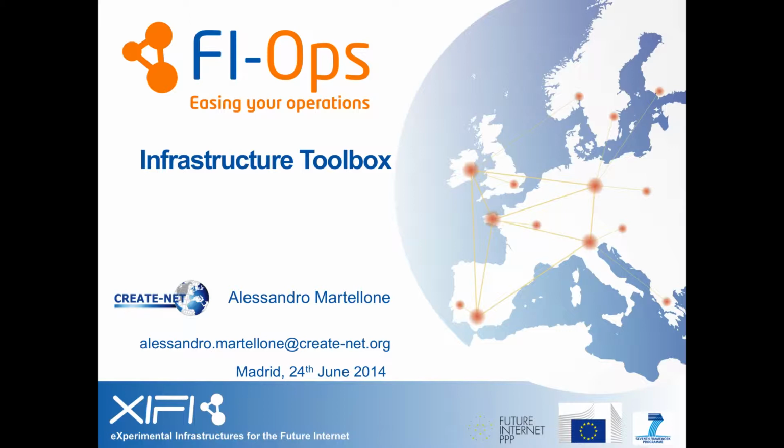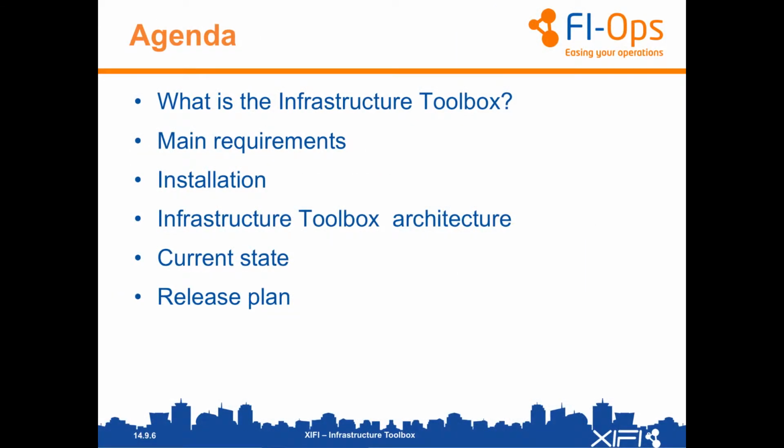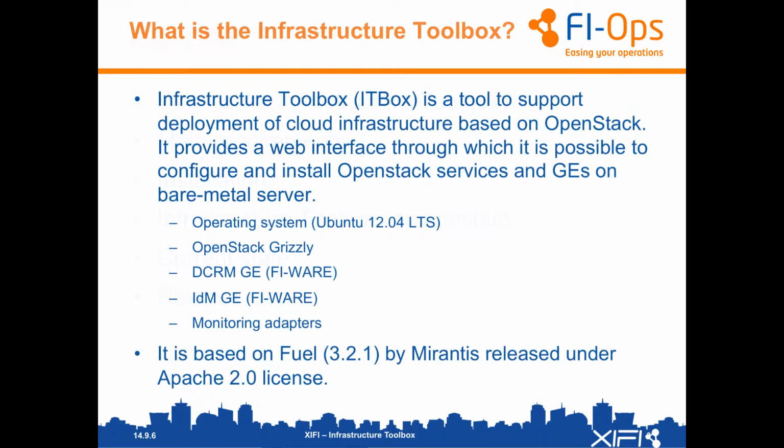Now I'm going to present the ITBox, its architecture, functionalities, what it offers, and what it will offer in the near future. Infrastructure Toolbox is a tool to support deployment of cloud infrastructure based on OpenStack.